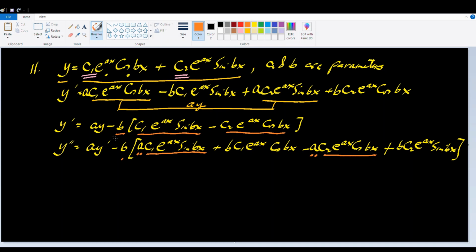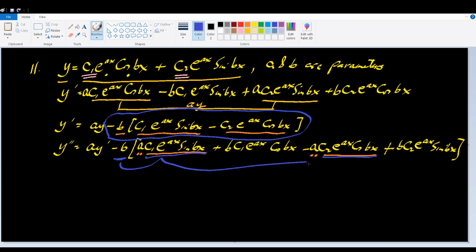This expression, let me encircle this, including the negative sign, is equal to this together with this, right? You just multiply it by a.